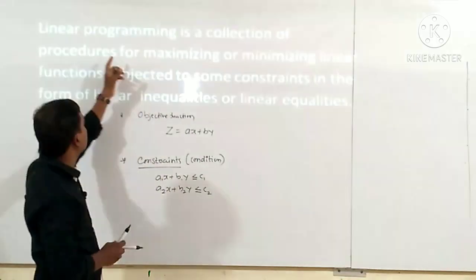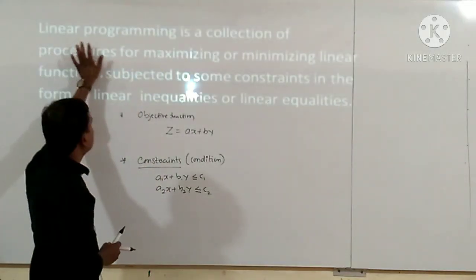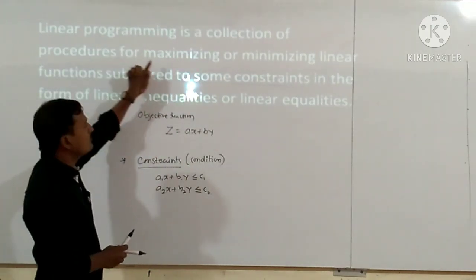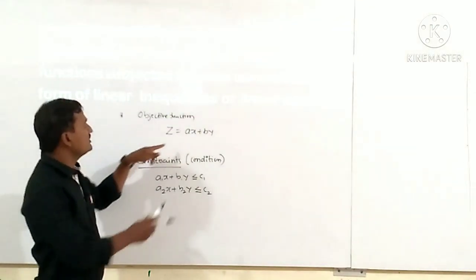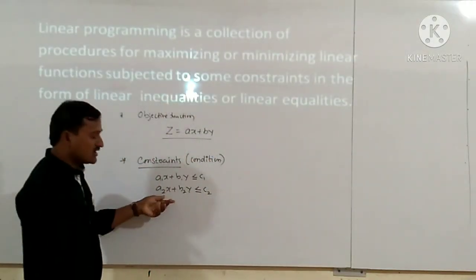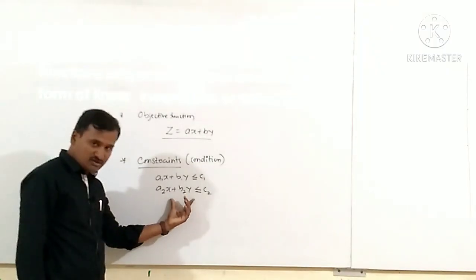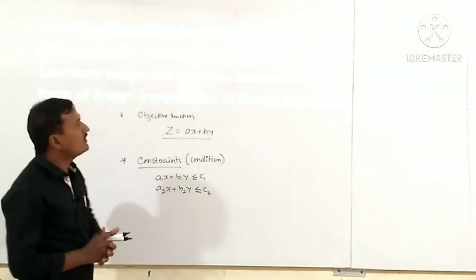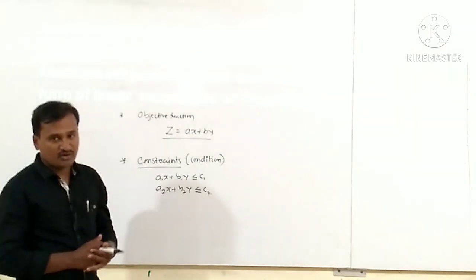Right? So the same definition is there. Linear programming is a collection of procedures for maximizing or minimizing the linear function subjected to some constraints, which are in the form of linear inequalities. That is called a linear programming problem.